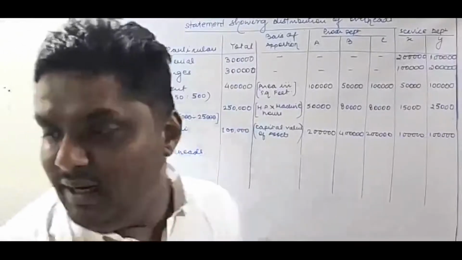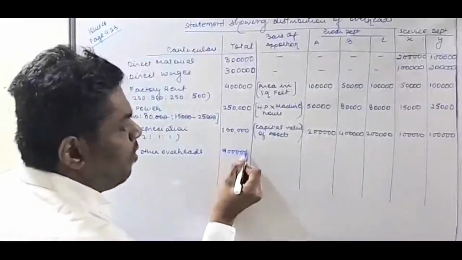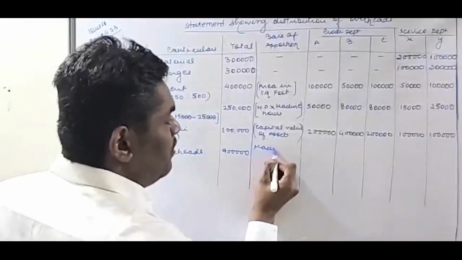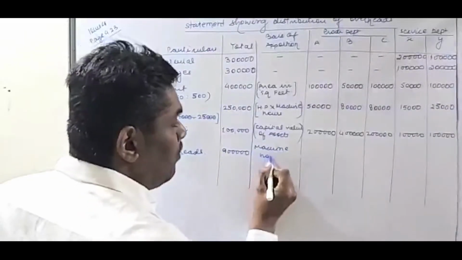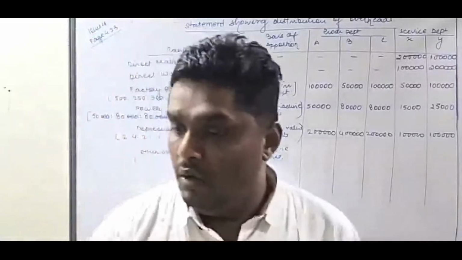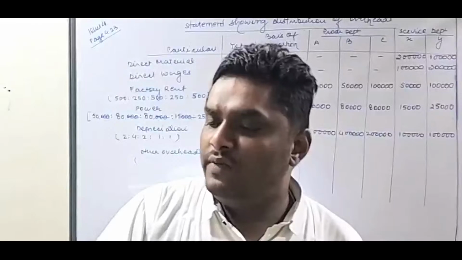My other overheads are 9 lakh. It will be distributed in the ratio of machine hours. When talking about machine hours, it is 1,000, 2,000, 4,000, 1,000, 1,000.